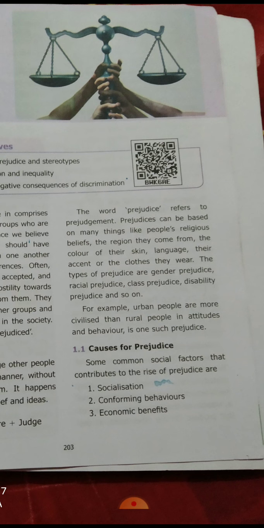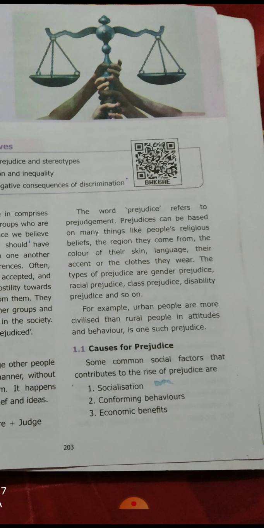Prejudices can be based on many things, like people's religious beliefs, the region they come from, the color of their skin, language, their accent, or the clothes they wear. These are the things we discuss about a third person.